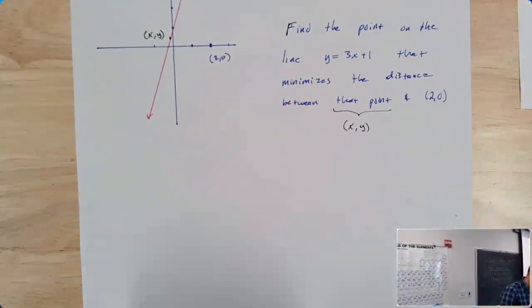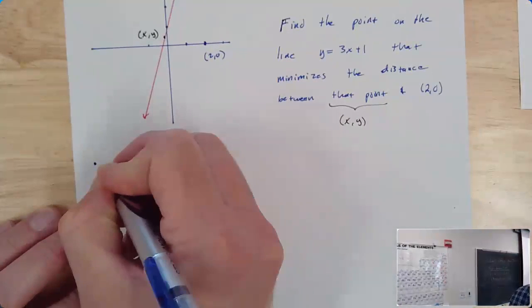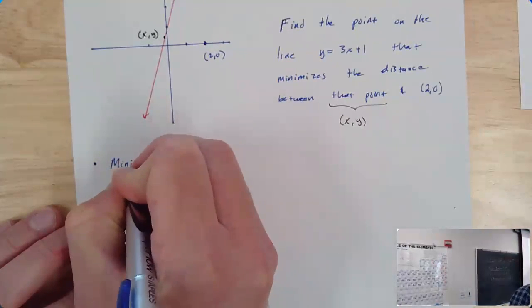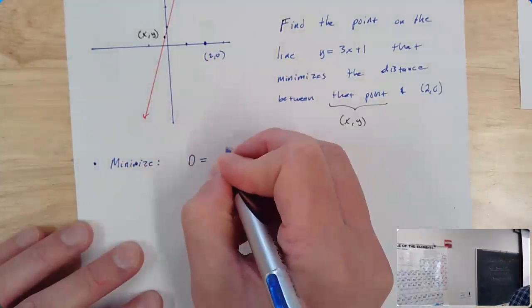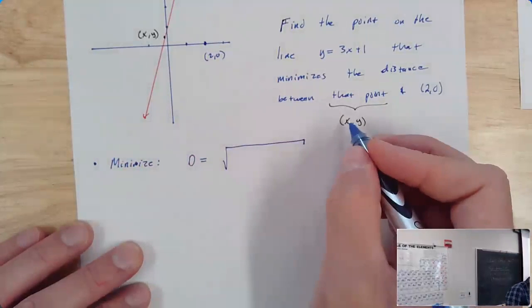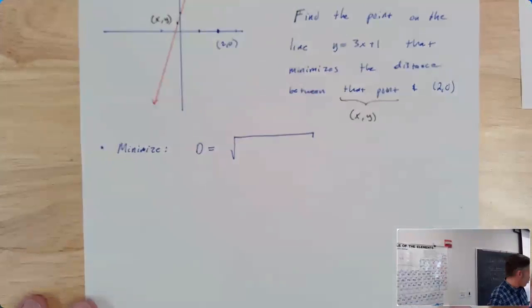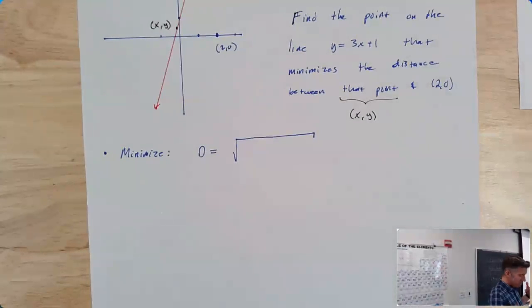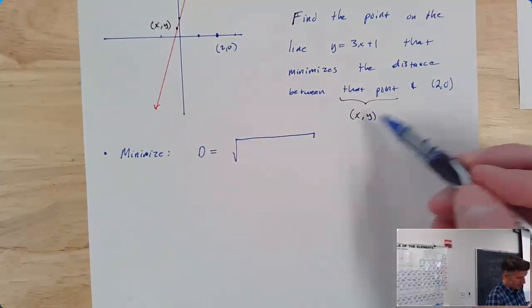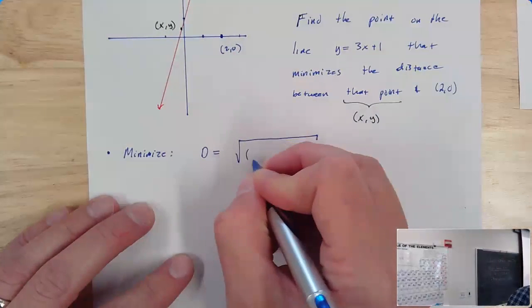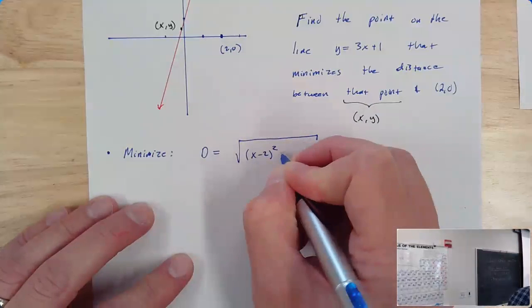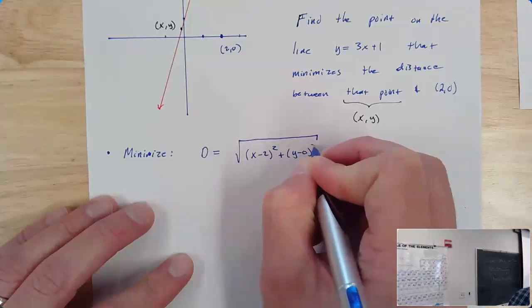So we want to minimize the distance, which is equal to the square root of, I do recommend subtracting in the order where your variables are first. Meaning you could do 2 minus x squared plus 0 minus y squared, but I would strongly encourage you to write x minus 2 squared plus y minus 0 squared.